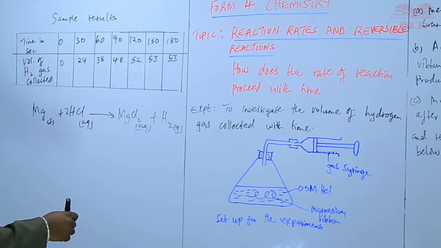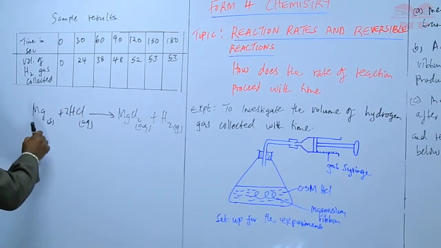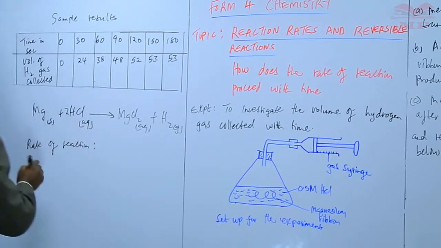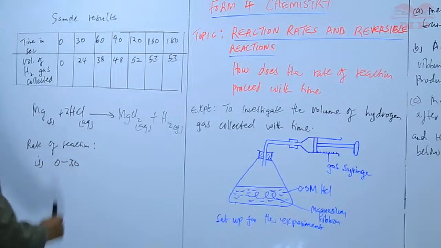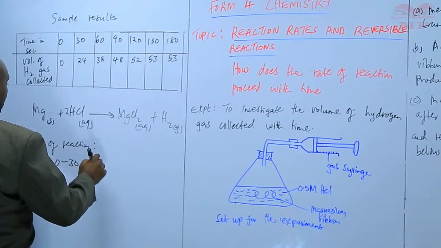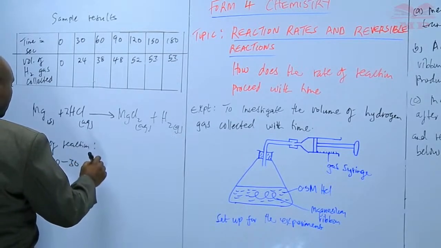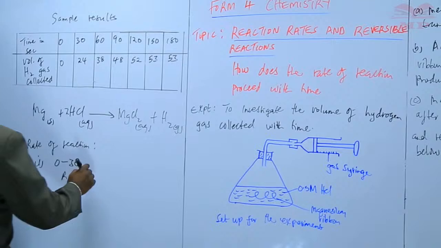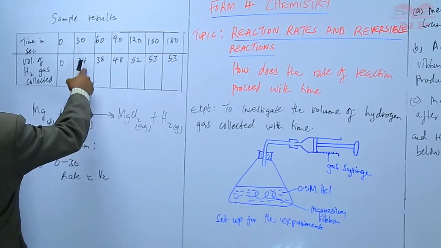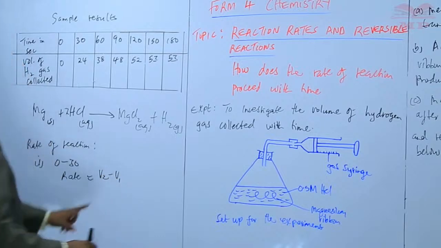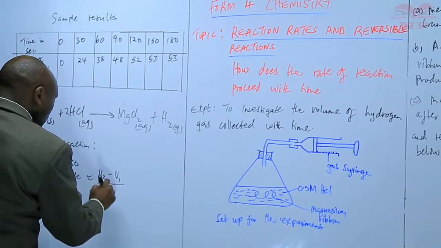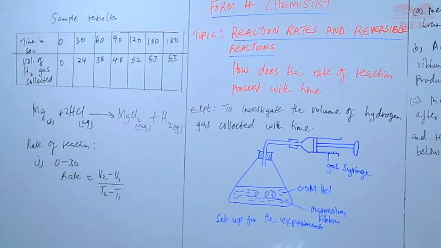So let's say the rate of reaction 1, between 0 and 30 seconds, will be indicated by rate equals volume 2 minus volume 1, the volume at the end minus the volume at the beginning, divided by time 2 minus time 1. So we get the rate.